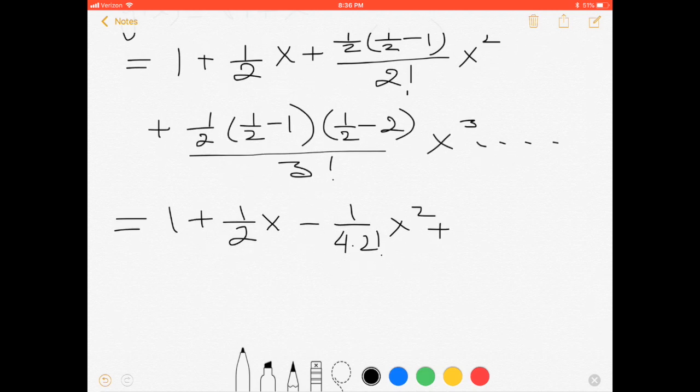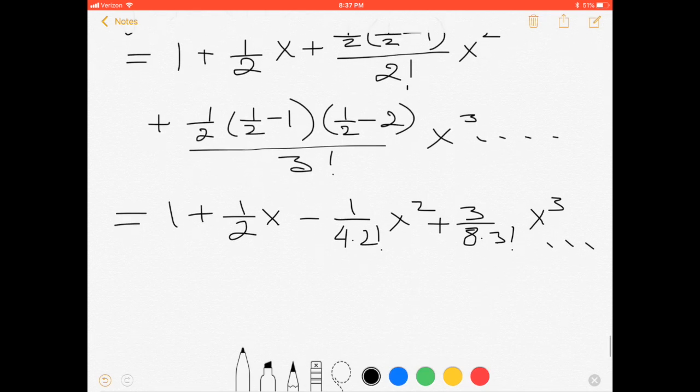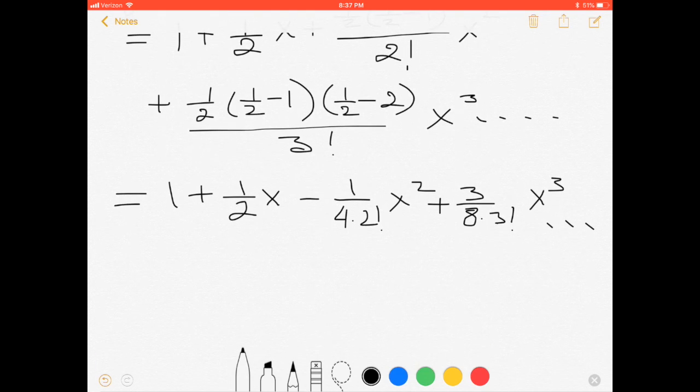This means plus 3/8 factorial x to the third. Okay, and the next terms you can count, but this is the function of square root of 1 plus x.